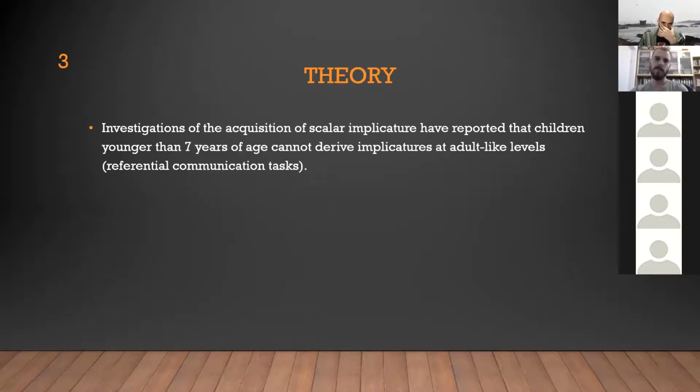So the theory. Most of the investigations of acquisition of scalar implicature reported that children younger than 7 years of age cannot derive implicatures at adult-like levels. As I mentioned, referential communication tasks were sometimes used. In those tasks, the experimenter shows the participants a picture of two men, and both of the men were wearing a hat.